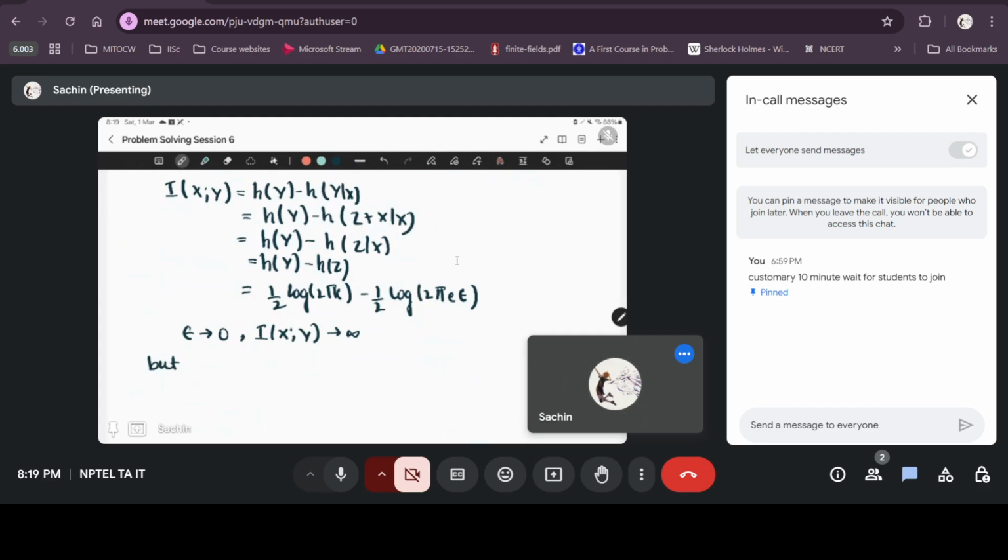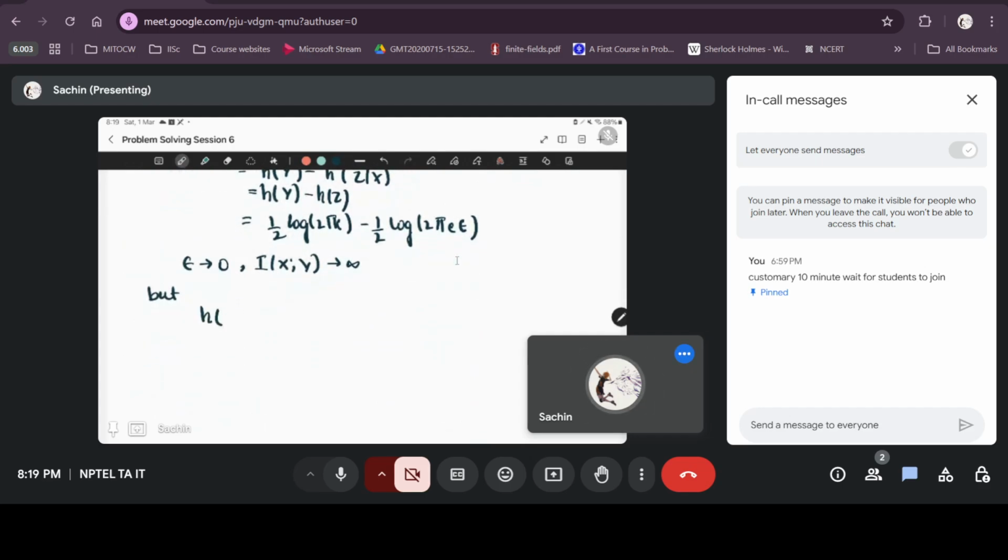But if you consider h of x y, it is half log 2 pi e plus half log 2 pi e epsilon, from Q6, from the solution to the previous question. So h of x y approaches minus infinity as epsilon approaches 0.